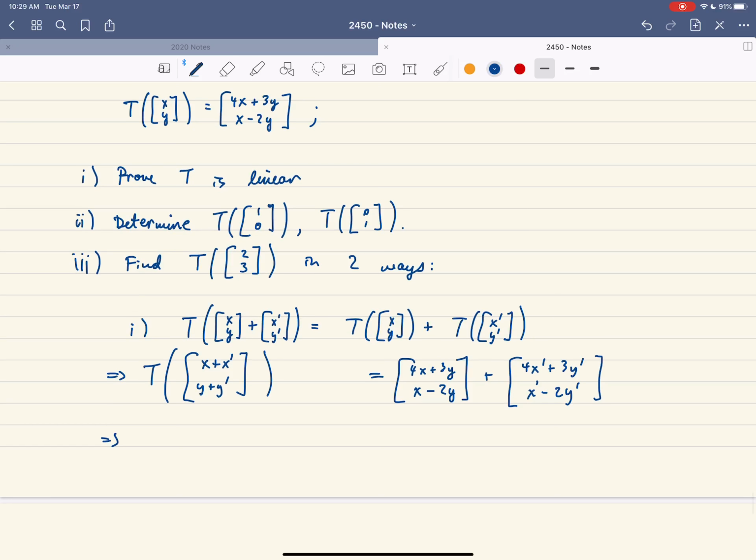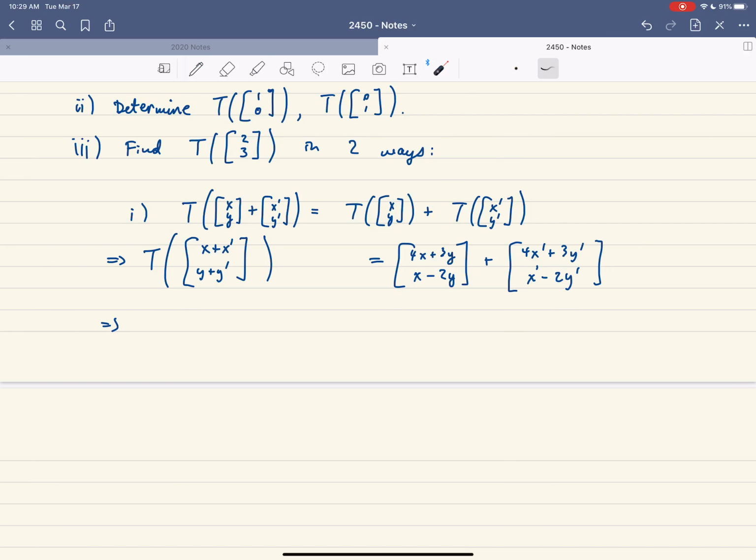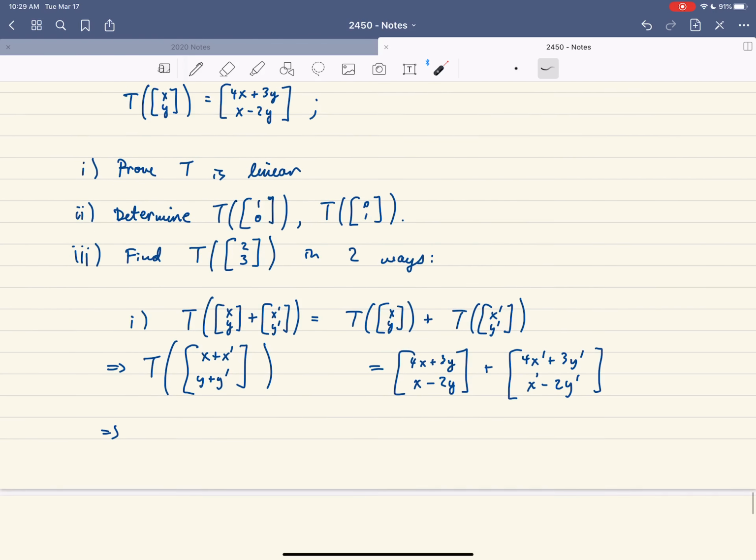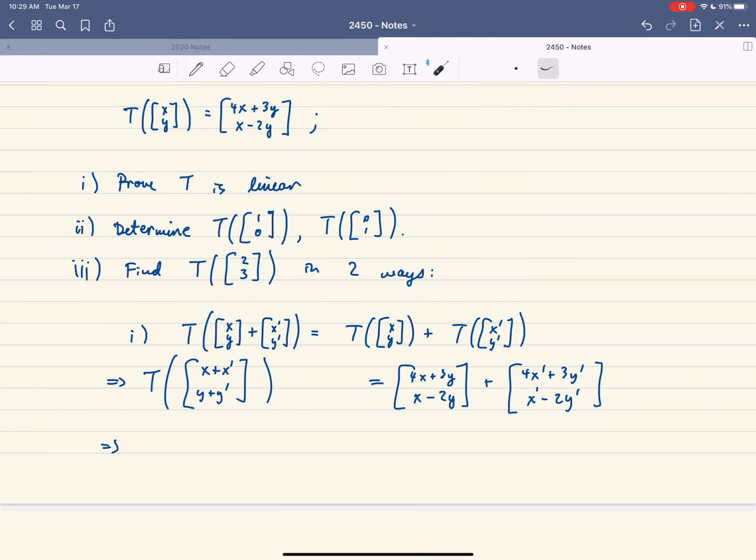And so what we need to think about is where x plus x' and y plus y' get put into our transformation. If I replace the top value with x plus x', our output is going to be 4 times the top value plus 3 times the bottom value.